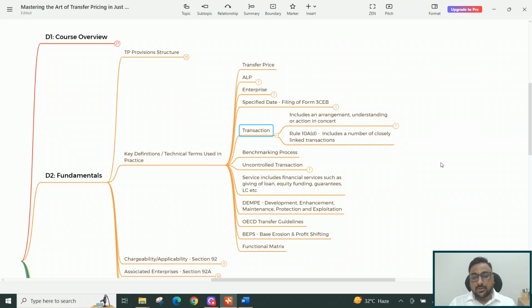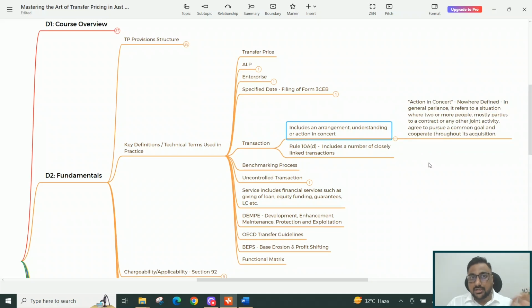Now guys, there is a concept of international transaction. Under that, what is a transaction? Section 92F clearly defines transaction to include an arrangement, understanding or action in concert. Now let me tell you what action in concert is.